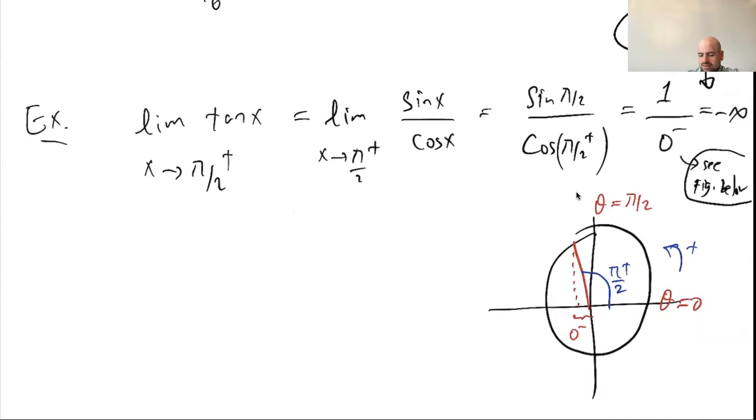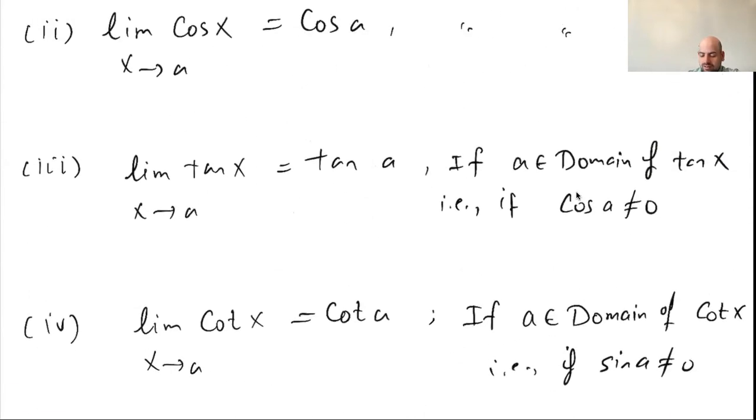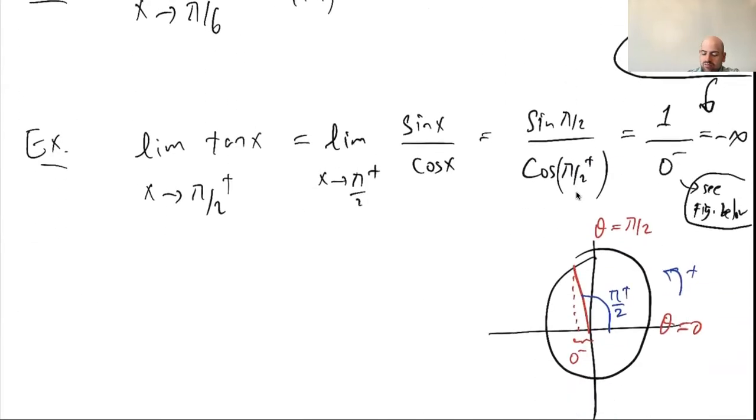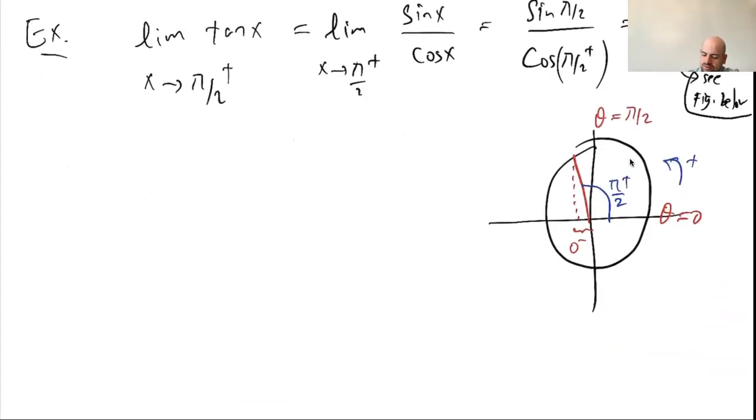So for this limit of tan x, we could not use the theorem here, but instead we could analyze the situation and use the rule from last time, that a constant positive number over 0 minus will be minus infinity. So this limit is minus infinity.